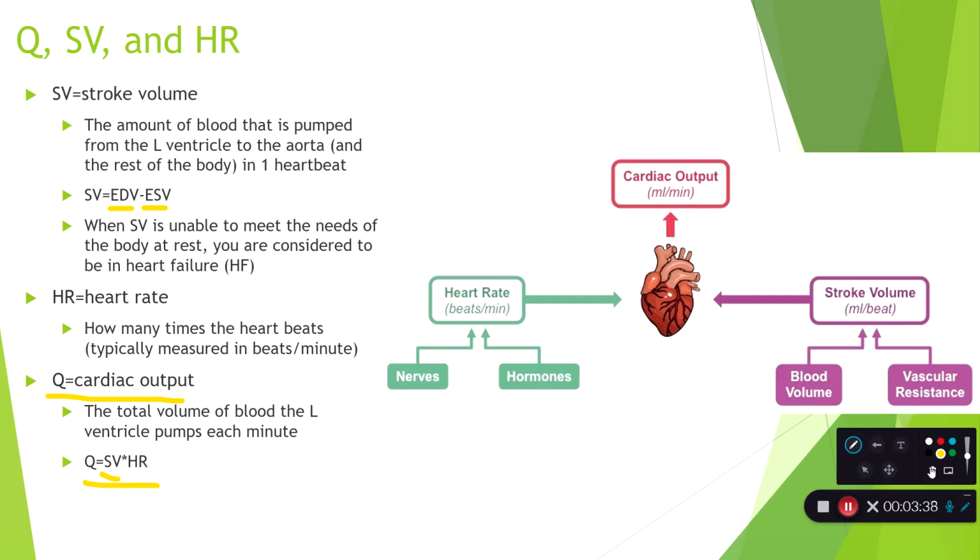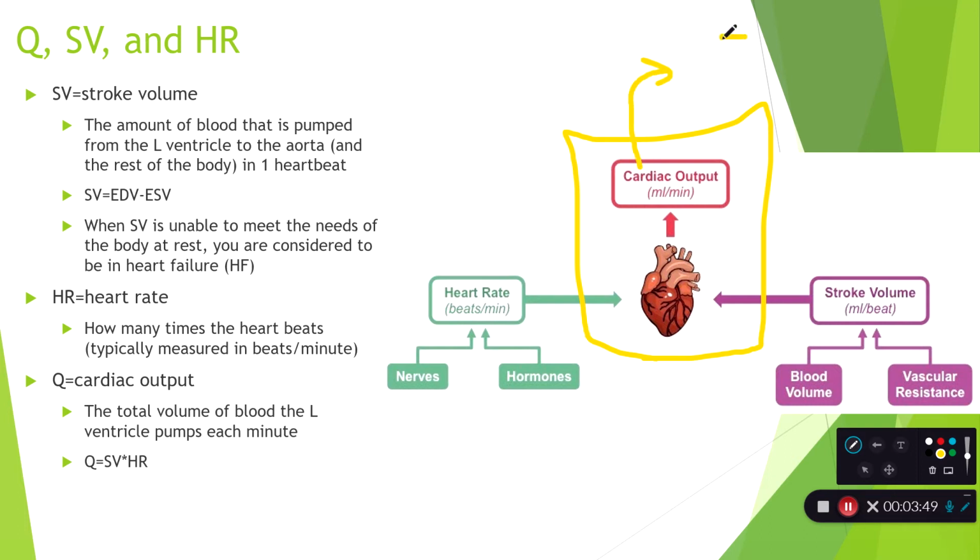Now, an interesting note here is that virtually everyone that does not have heart disease, so if you're an apparently healthy adult, your cardiac output at rest is going to be 5 liters per minute, roundabout there. So that means for every minute you're sitting at rest, your blood is circulating at a rate of 5 liters per minute.